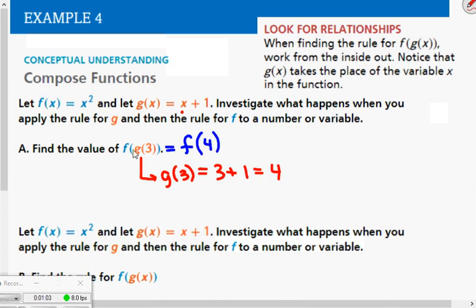So the output from g becomes the input for f. All right? So then you go over to the blue function, which says to do x squared. So that would be 4 squared, which is 16. So f of g of 3 would be 16. All right?